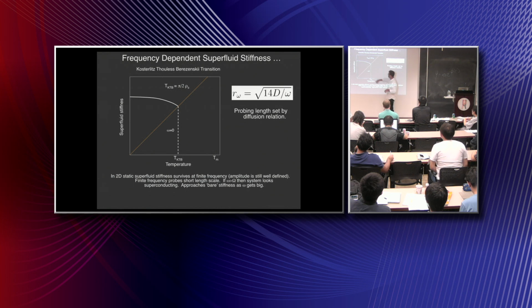As you warm up, it may come down for some particular effects. The Kosterlitz-Thouless prediction is that the transition itself will happen at a universal value, where the transition temperature is predicted by the value of the stiffness.